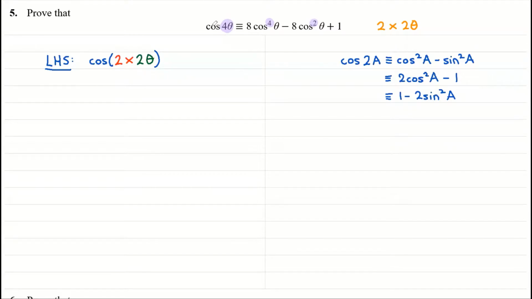So in this instance, the A that we're talking about is this 2 theta here, isn't it? It's 2 lots of 2 theta. That would create the 4 theta.